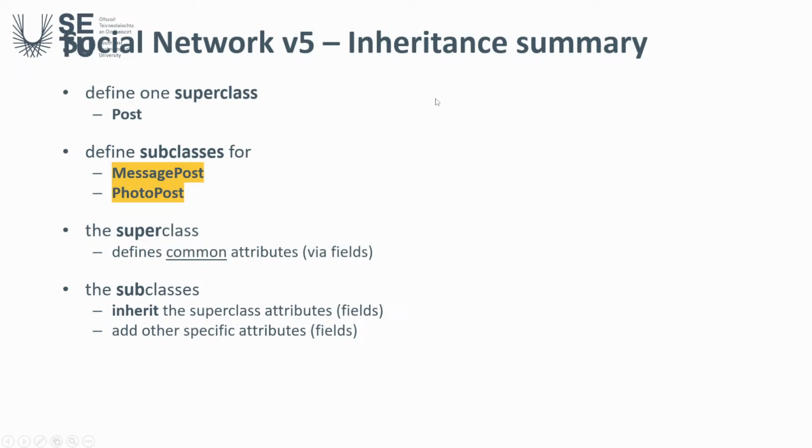So what are we going to do? We're going to define one superclass, post. We're going to create subclasses that extend post. The superclass defines the common attributes, and the subclasses, our message and our photo, inherit the common attributes and add their own specific attributes.